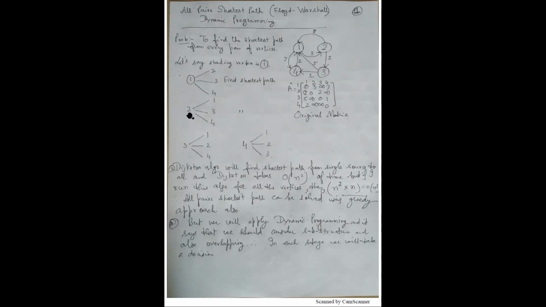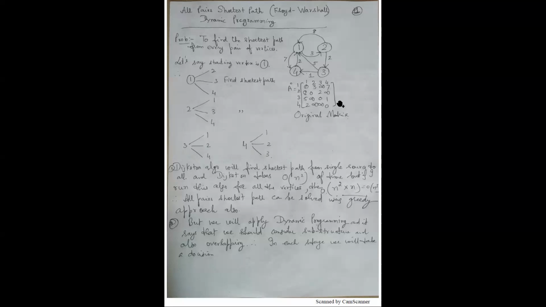Let's say we start from 2. What is the shortest path from 2 to 1, 2 to 3, 2 to 4? And in this example, since only 4 nodes are there, what is the shortest path from 3 to 1, 3 to 2, 3 to 4, 4 to 1, 4 to 2, and 4 to 3. So we have to find the shortest path from all the pairs of vertices.